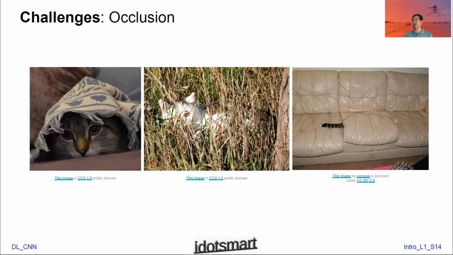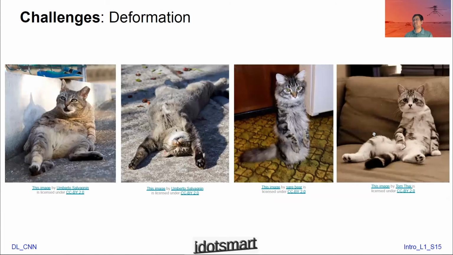Here we talk about occlusion. In the figure on the right, the cat is underneath a sofa cushion. There can also be a different pose, called deformation. If the cat faces the camera or turns around, with a different pose of the body, the image looks different.